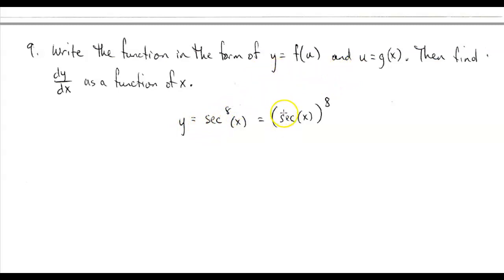So essentially what we're saying here is that this inside function here is going to be secant. So let secant of x be the inside function, and what we're going to do is write this or find the derivative of this function by thinking of it this way.